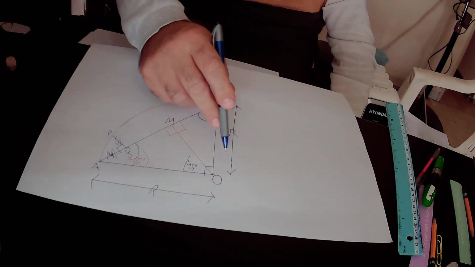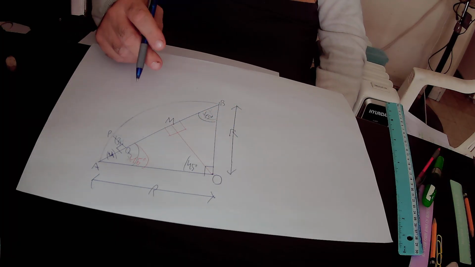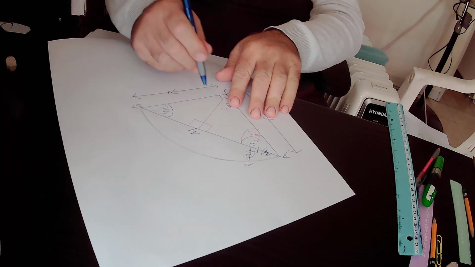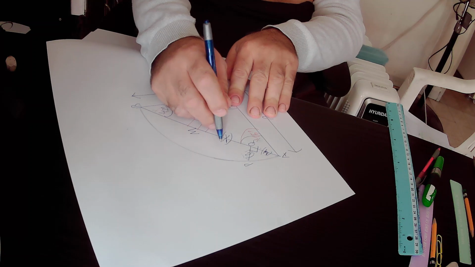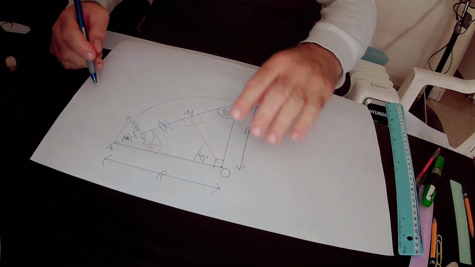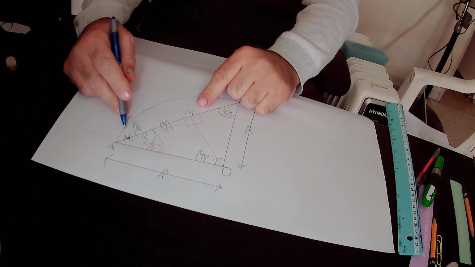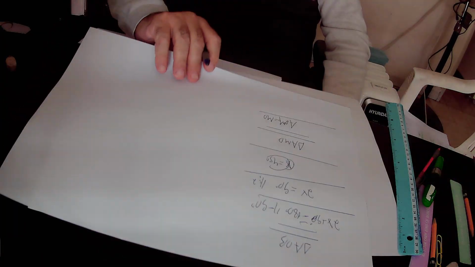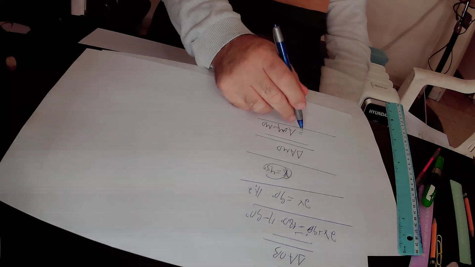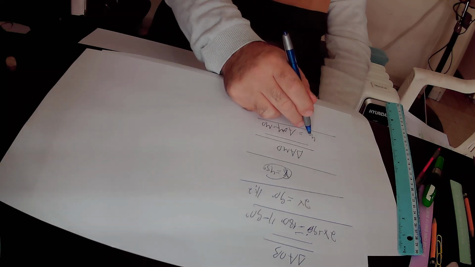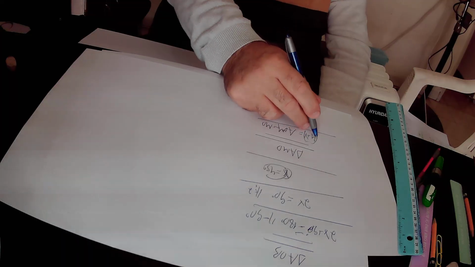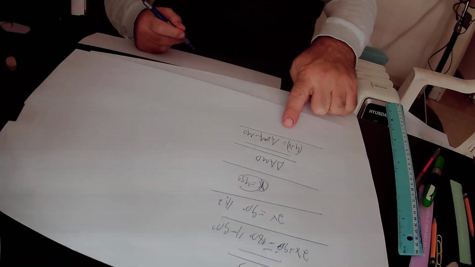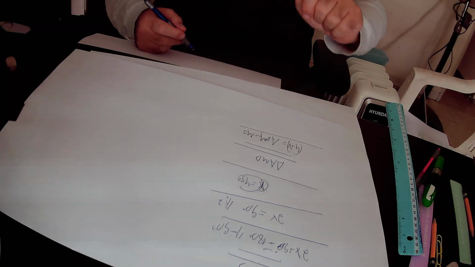AM equals OM. We define the length of this line segment QM as X. So AM in total equals 4 plus X. So you can write here that AM equals 4 plus X. And in this equation, 4 plus X equals AM equals OM.